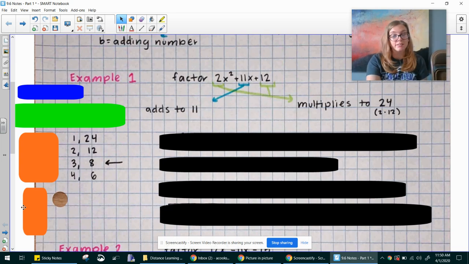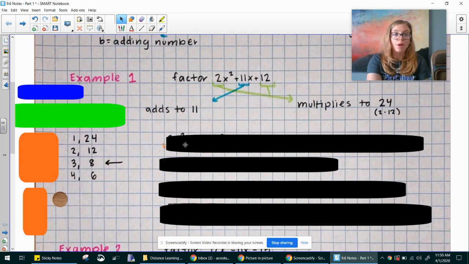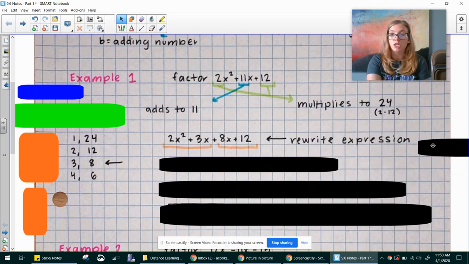This is where it gets a little bit tricky, so feel free to pause this video if you need some extra processing time. We are going to rewrite our expression, but instead of 11x, we are going to write 3x and 8x.